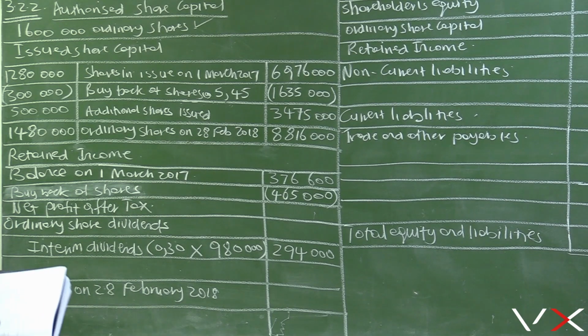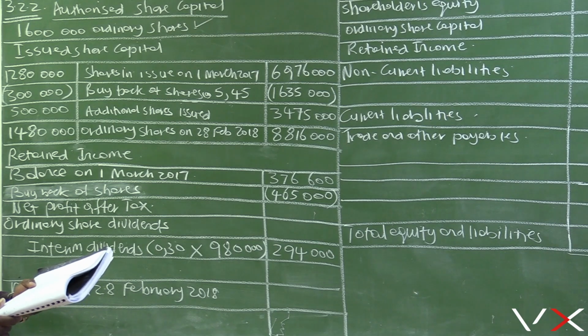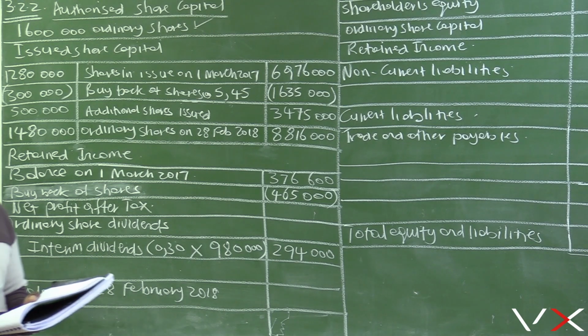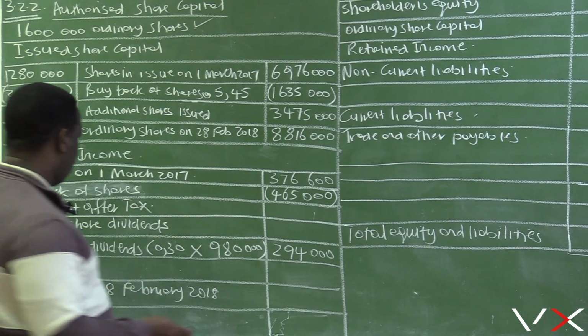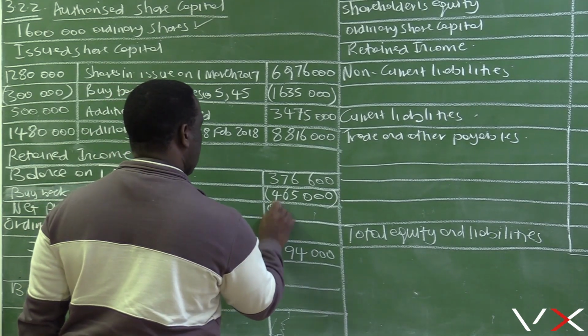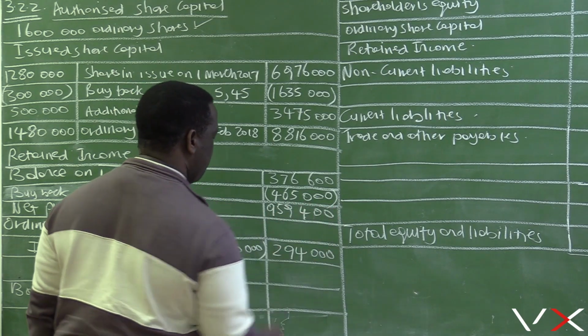Our net profit after tax is given in information F. It says the correct net profit after tax is 959,400.